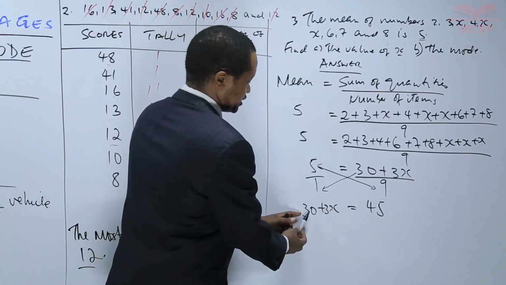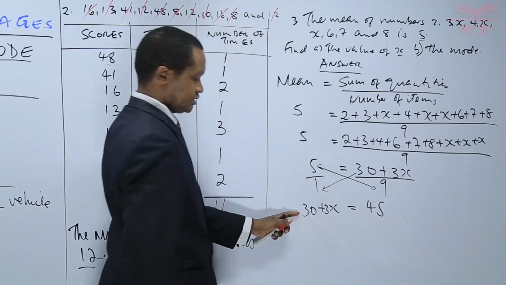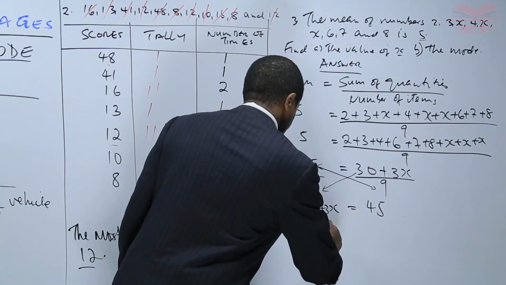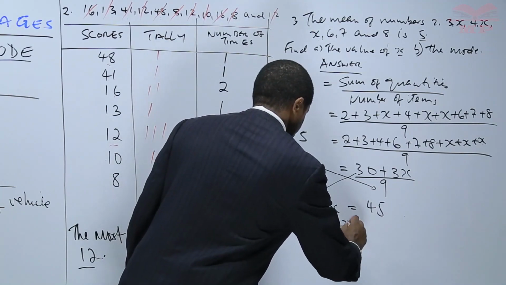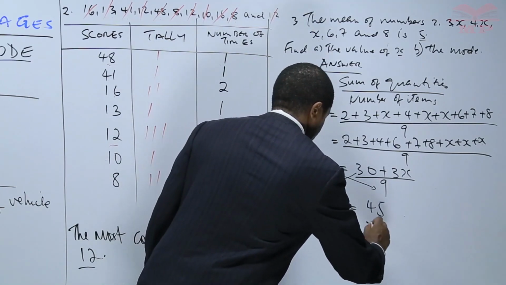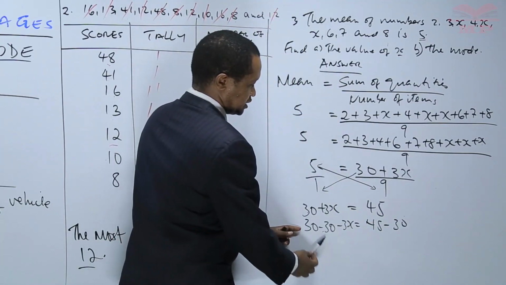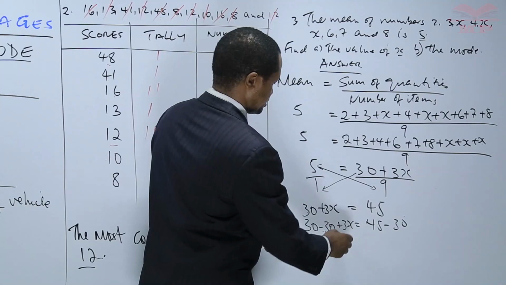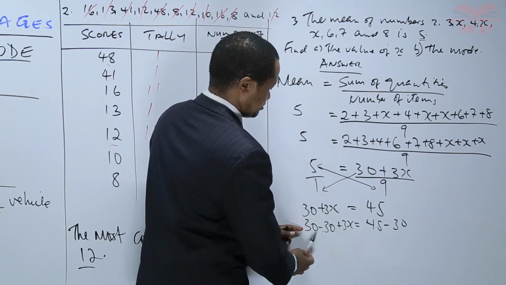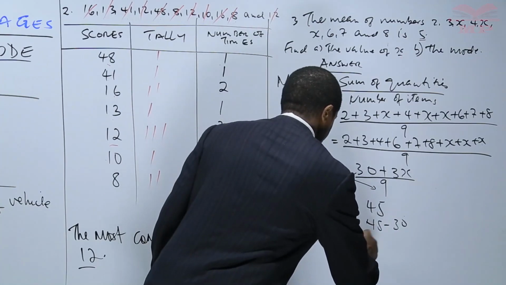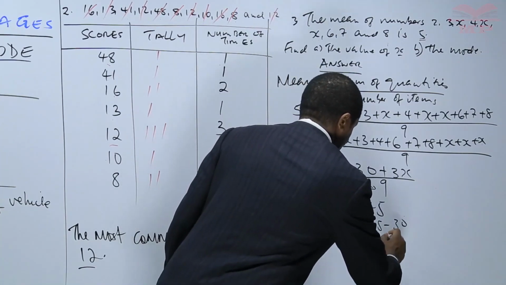Then we will subtract 30 on both sides of the equal sign. 30 minus 30 is equal to 0. So we are left here with 3x is equal to 15.